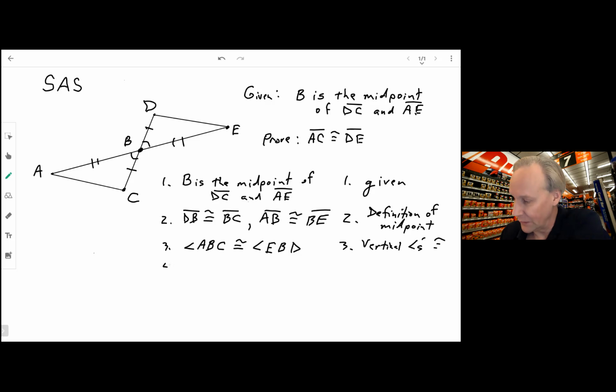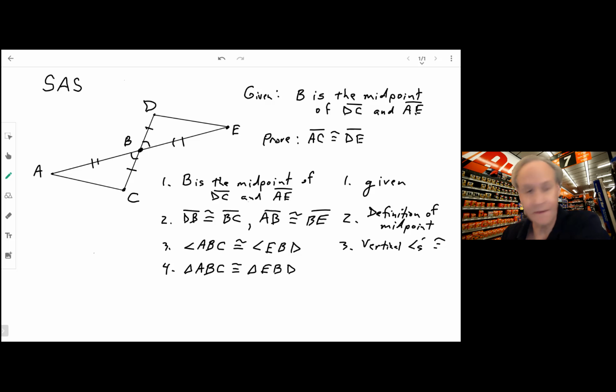So we can say that triangle ABC, and it's important that you write these in order. Notice that A is that small angle and E corresponds to A. So I need to write the E first, and the B is in the middle, and the B is next, and then the D is next, isn't it?